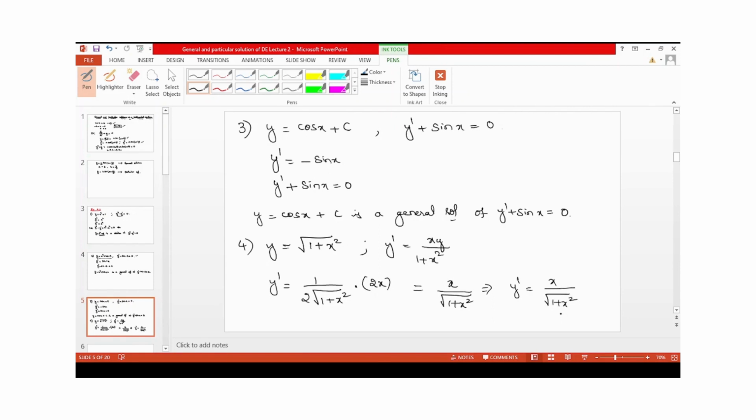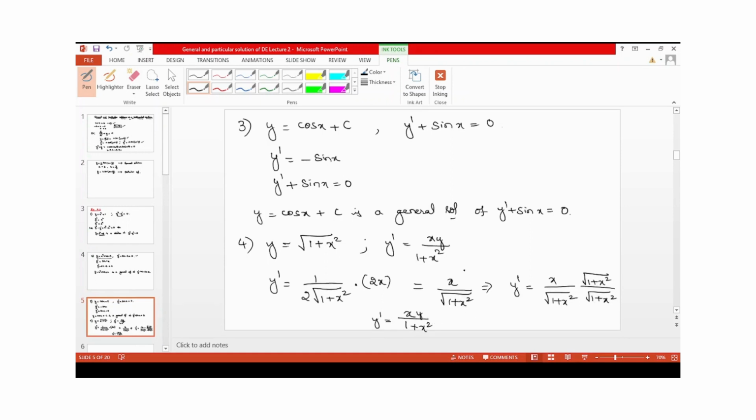Now, I'll write this one as root 1 plus x square by root 1 plus x square. So therefore y dash will be equal to x into root 1 plus x square, which is nothing but y, divided by the multiplication of these two, which gives us 1 plus x square. Can you see? That is the same thing we got.